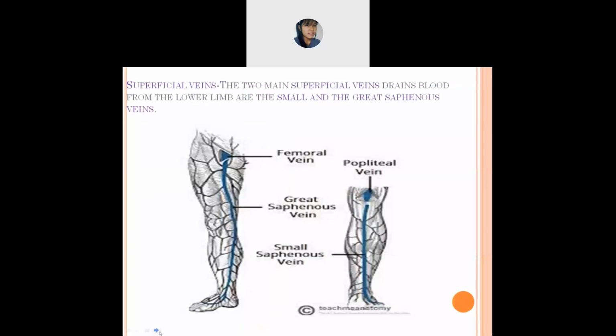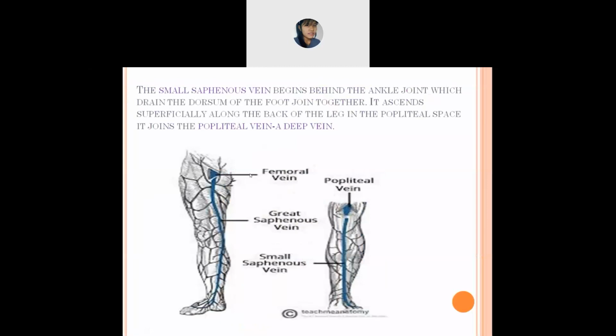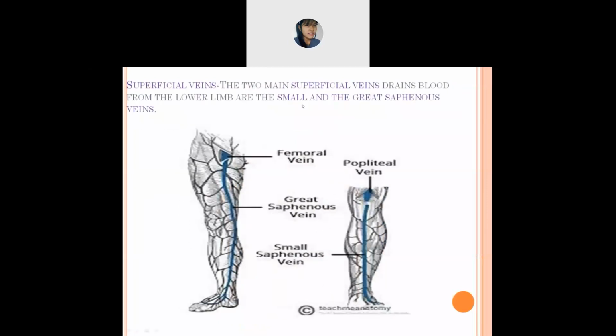Okay, next are the superficial veins. The superficial veins drain blood from the lower limb, and they are the small and the great saphenous veins.